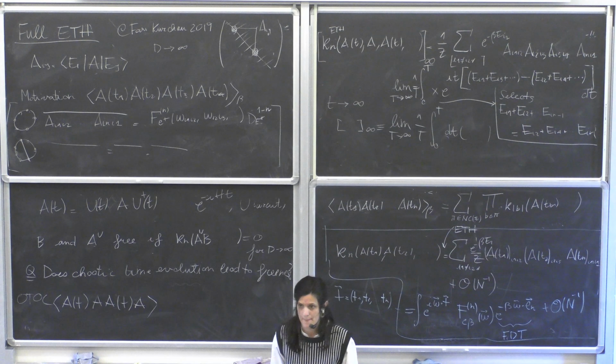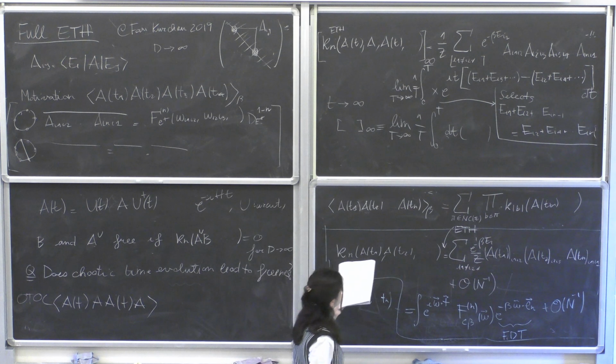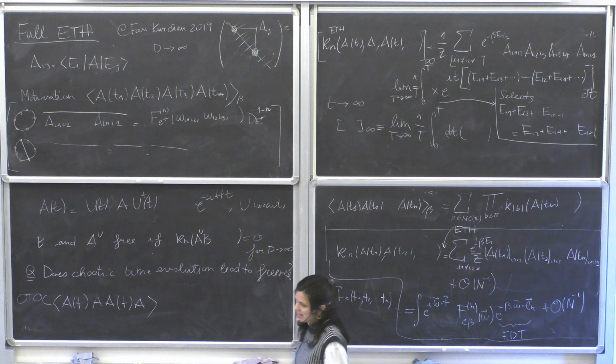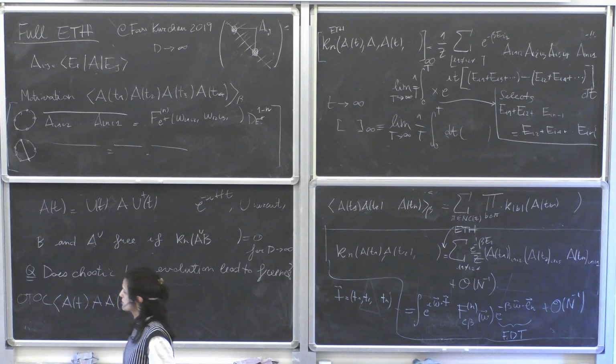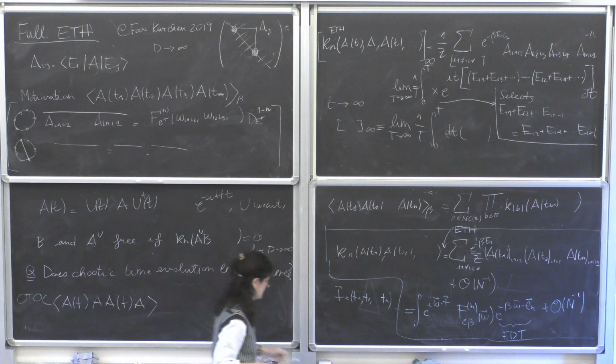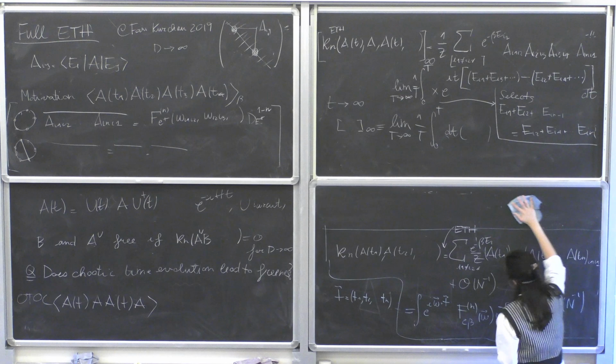Okay. But now my system is chaotic. So we already said that a very fair approximation is to assume absence of degeneracies. In other words, to assume that you have no resonances.